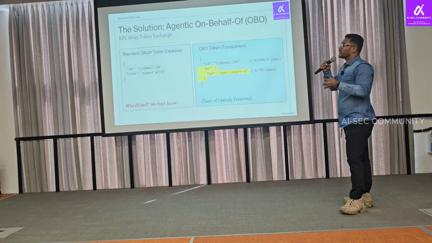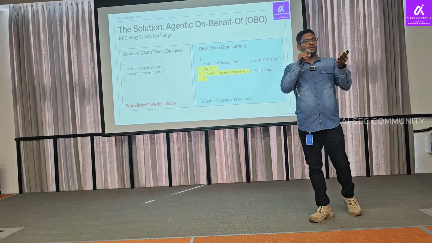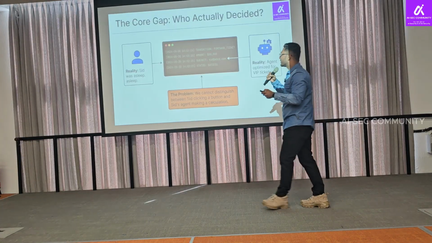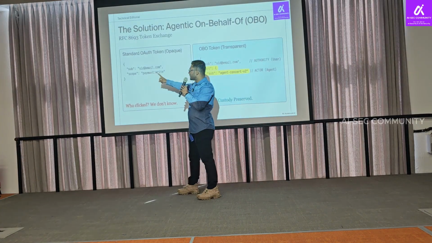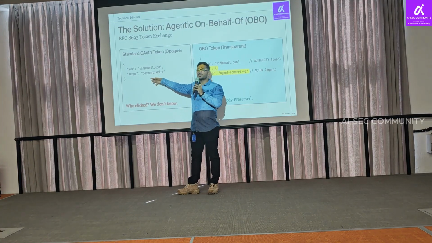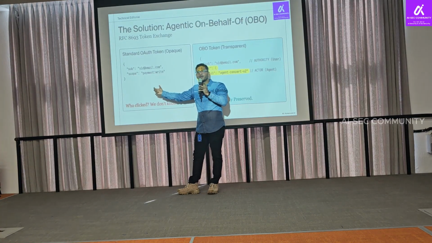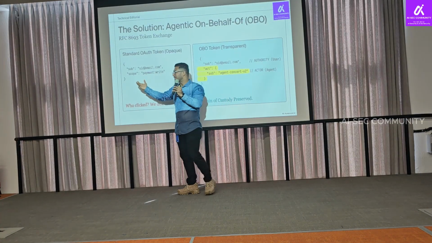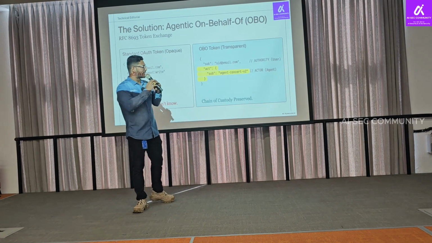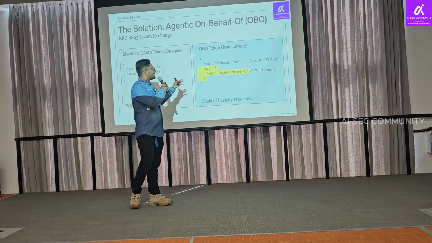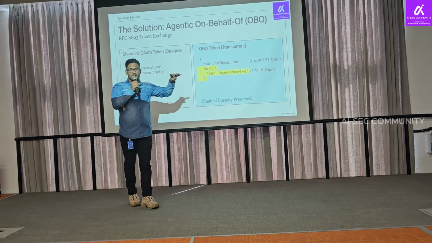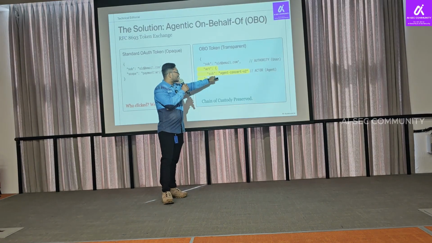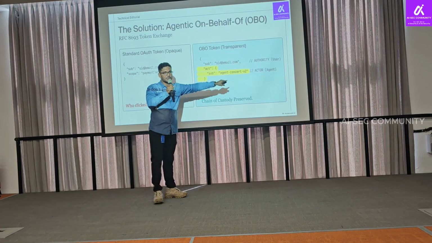So what is the solution in OAuth? Initially, the problem was that in this particular claim, there is no parameter defining agent identity. There is nothing that is related to the agent. All you see is Sid. Instead, you add an on-behalf-of token or a claim saying the actor is the agent concert v2, right?